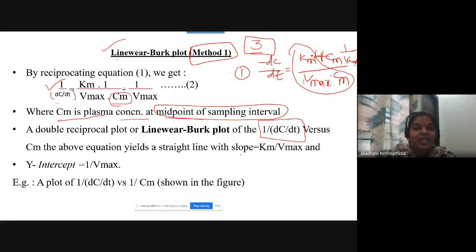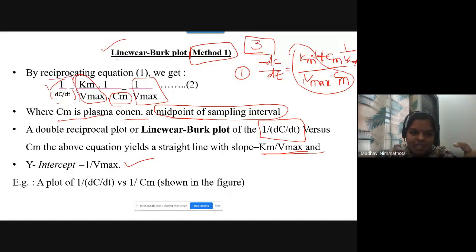Then it will yield a straight line with the slope of Km by Vmax, and the intercept is 1 by Vmax. This is the intercept. First you should write clearly the equation 2, then you can find out which points to take into consideration to plot a graph.